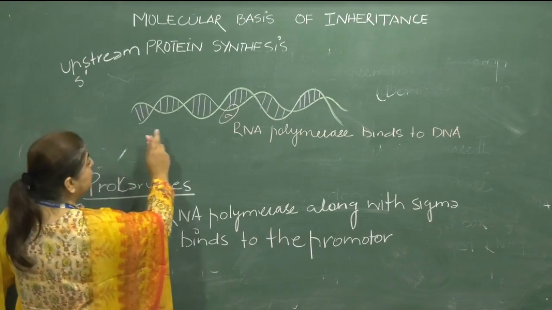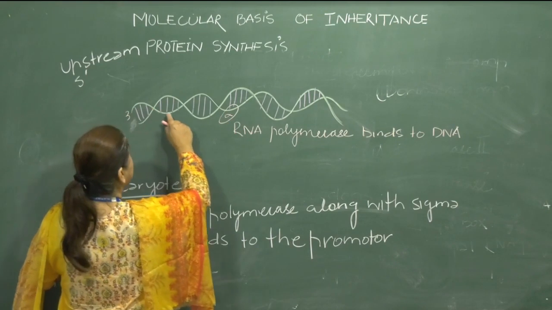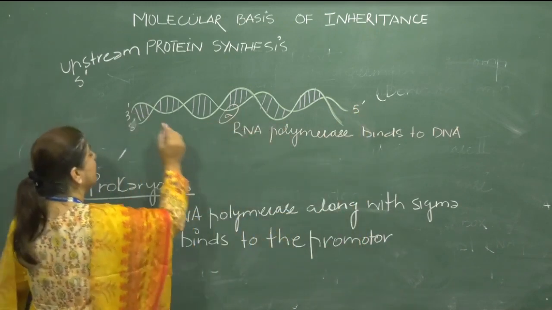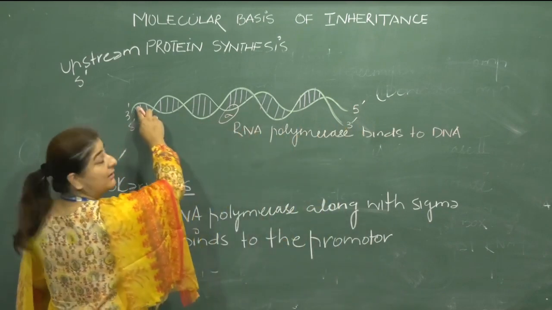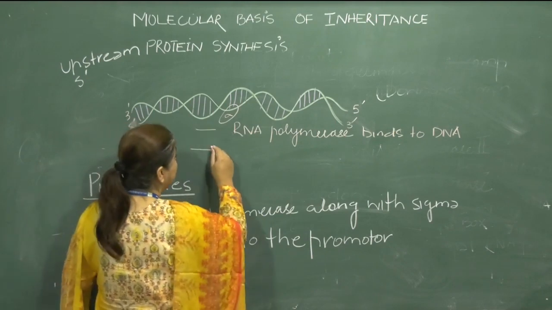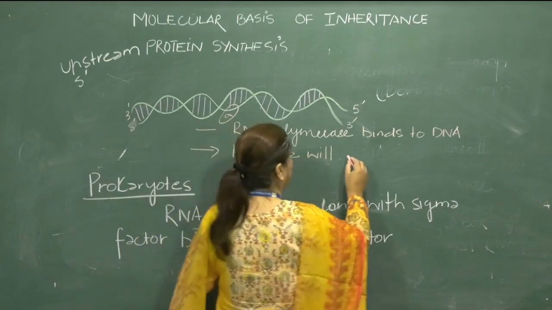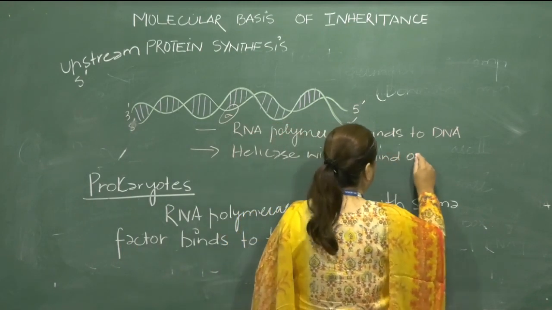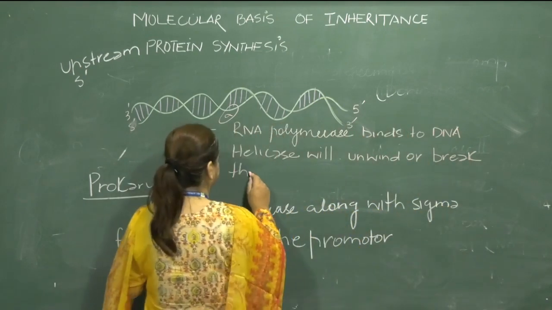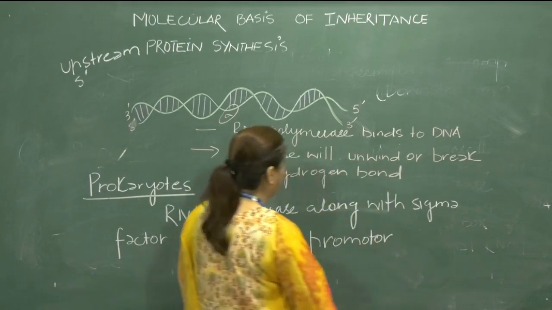As I told you, this is the 3 prime strand because it acts as a template, and the other is 5 prime to 3 prime. So the RNA polymerase binds to the strand which has the polarity 3 prime to 5 prime, and in the second step helicase will unwind or break the hydrogen bonds.